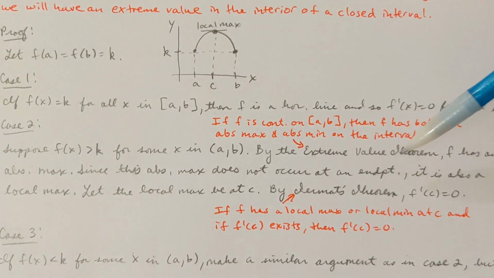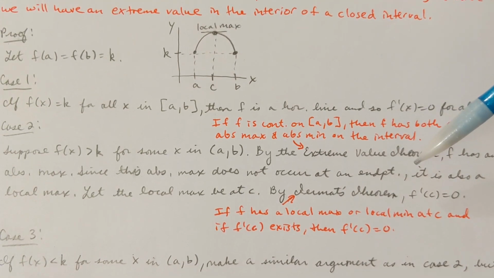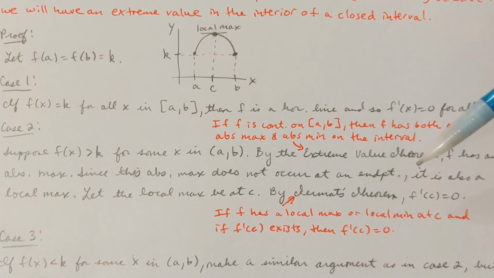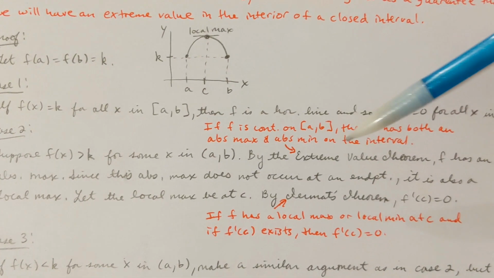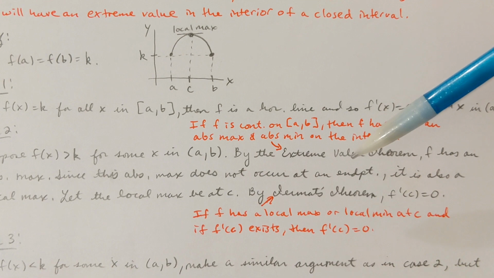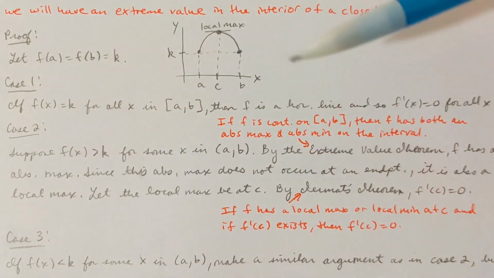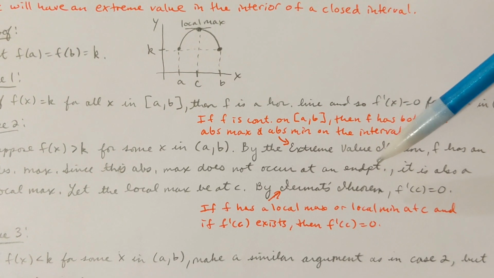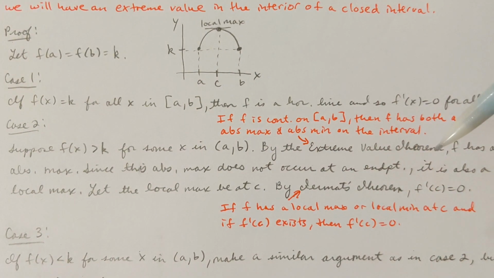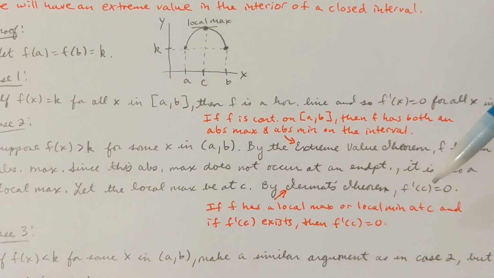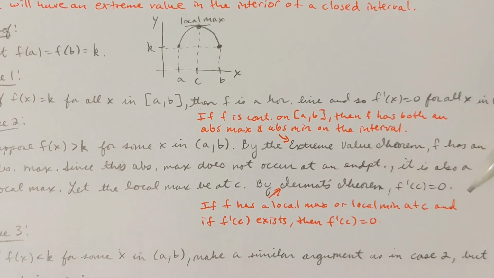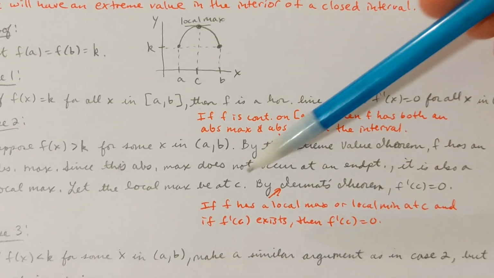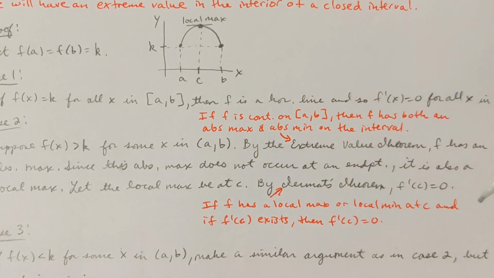You'll use the extreme value theorem to conclude that you have both an absolute max and an absolute min in this interval, although you'll have both. The absolute min does not occur at an endpoint, so it's also a local min. By Fermat's theorem, f'(c) is equal to 0. You'll let the local min be at whatever number c happens to be. f'(c) is equal to 0.